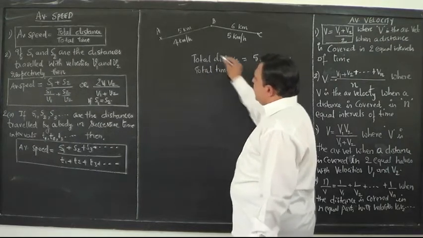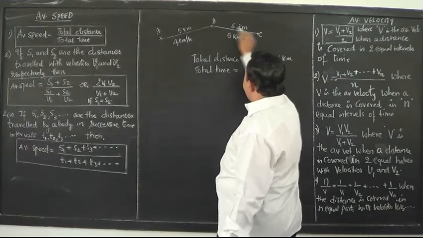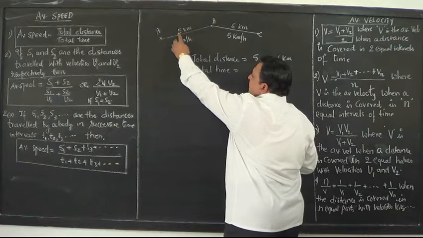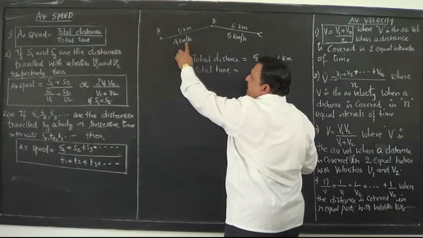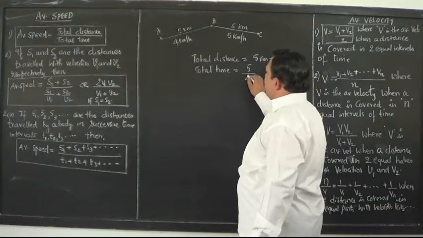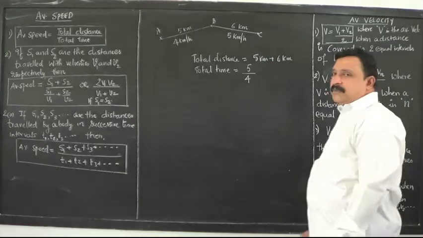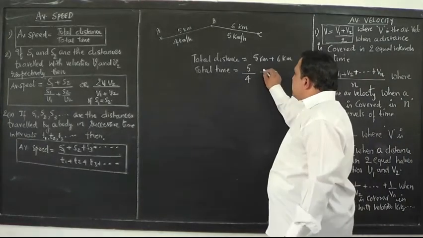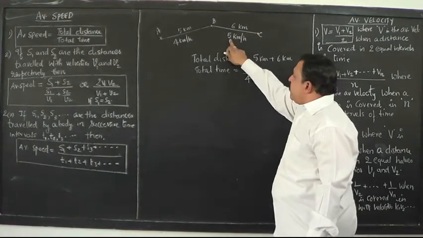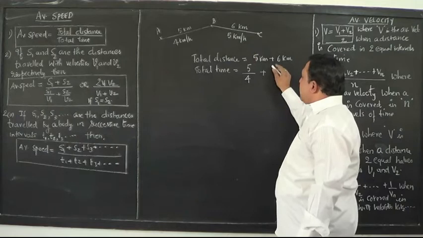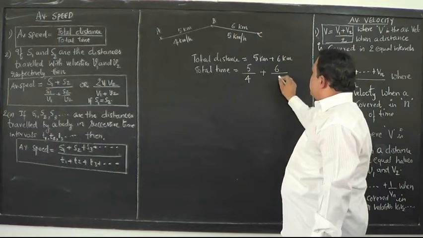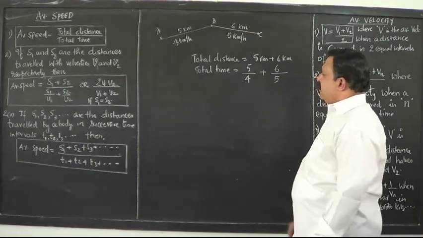From A to B, he travels a distance of 5 kilometers at a speed of 4 kilometers per hour, so time is 5 by 4, plus here he travels 6 kilometers at a speed of 5 kilometers per hour, so the time taken from B to C is distance over speed, that is 6 by 5.